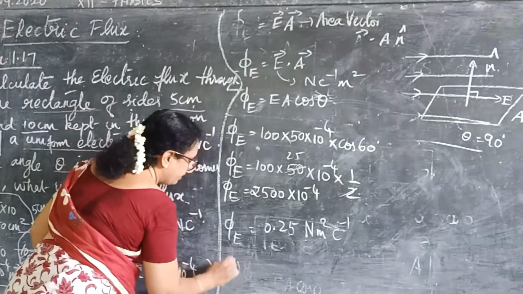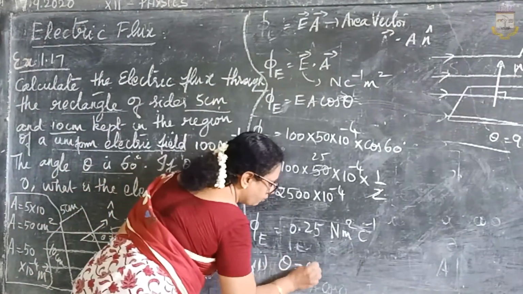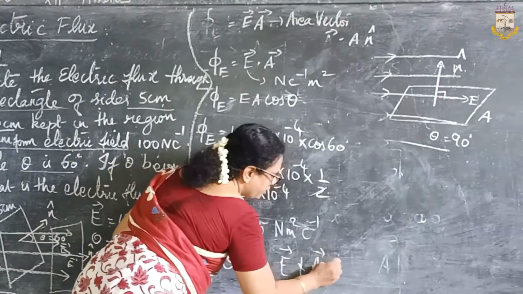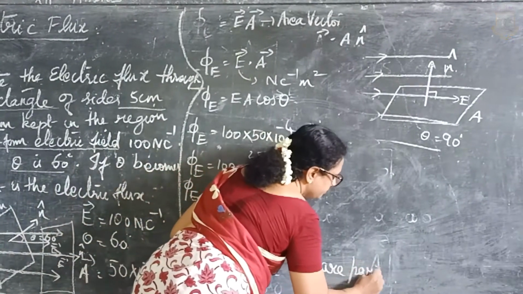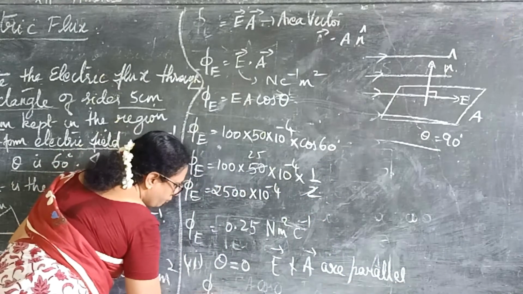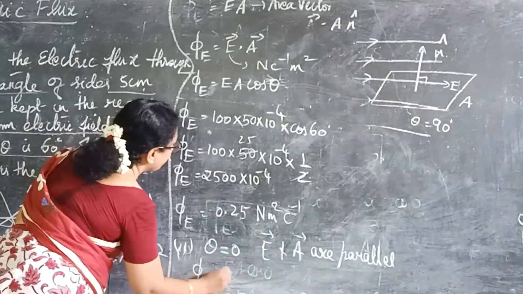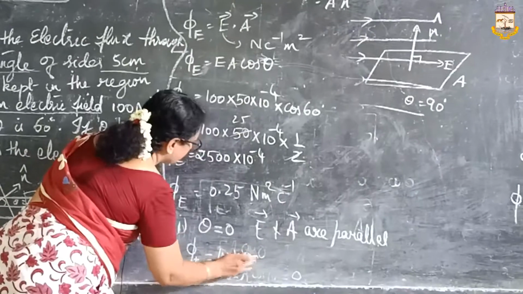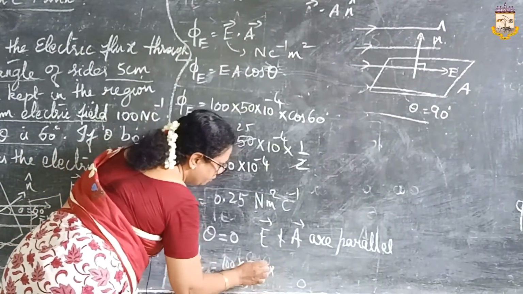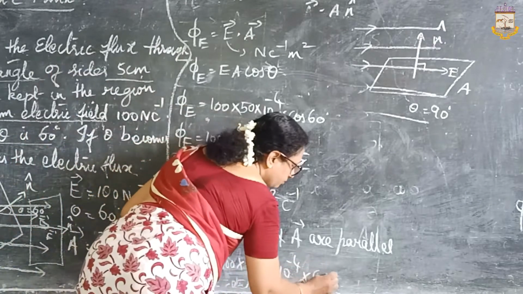So in that case, if theta becomes 0, both E vector and A vector are parallel. In that case theta is equal to 0. So phi E will be, you substitute for E as 100, into A as 50 into 10 power minus 4, into cos 0.